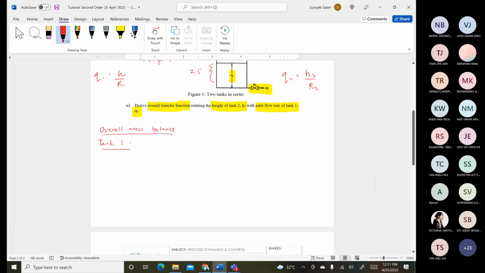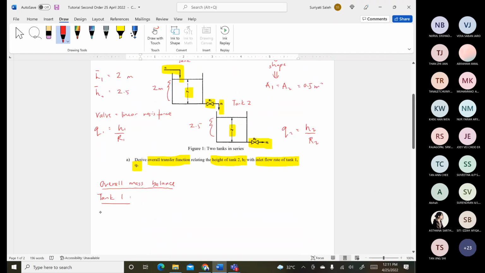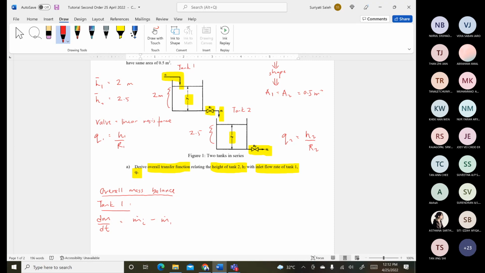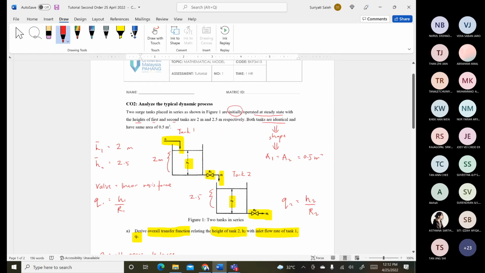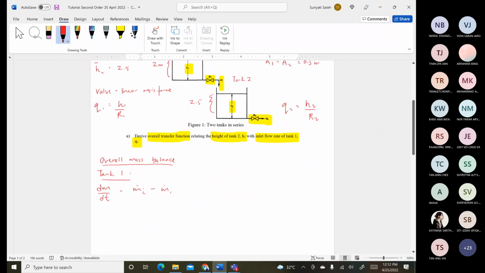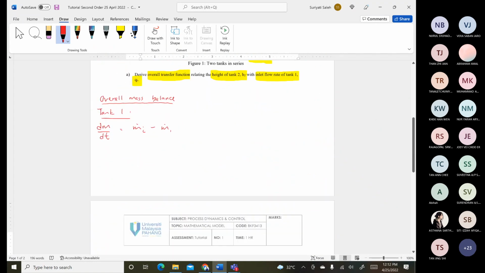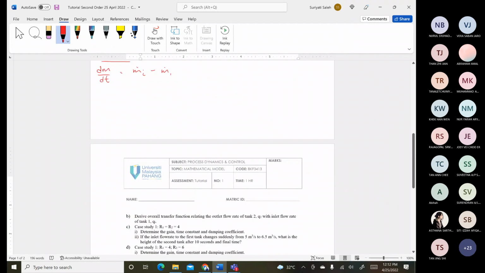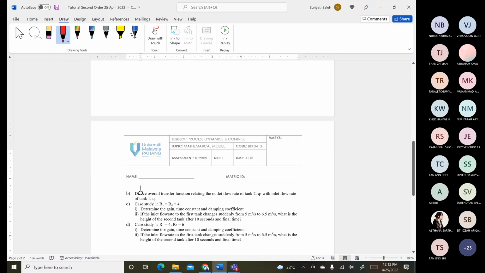So here we have dM/dt equal to MI minus M1. Here we start with the mass flow rate. In this case, the statement given is in Q. It does not state what Q is, either the volumetric flow rate or the mass flow rate.